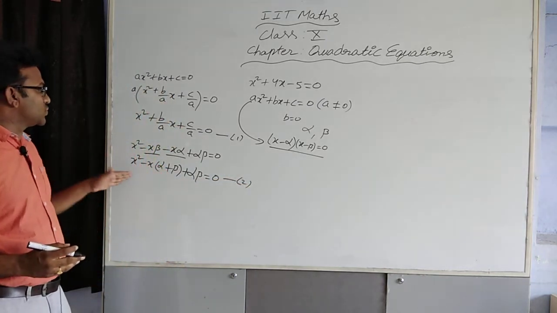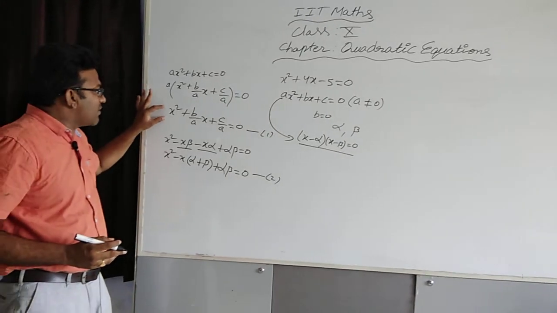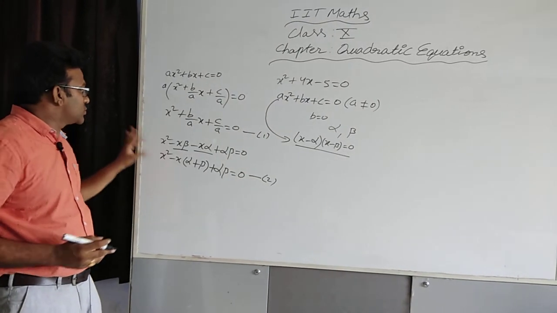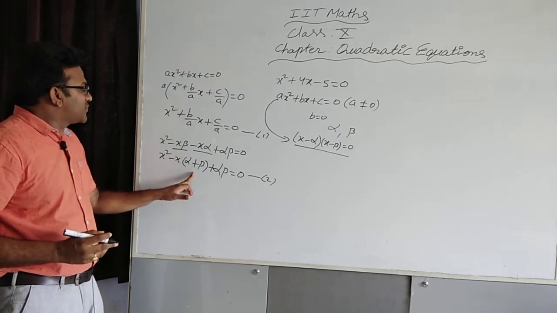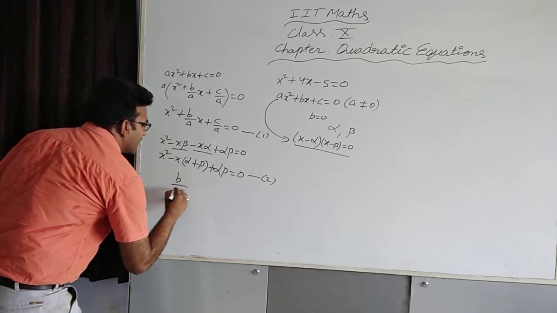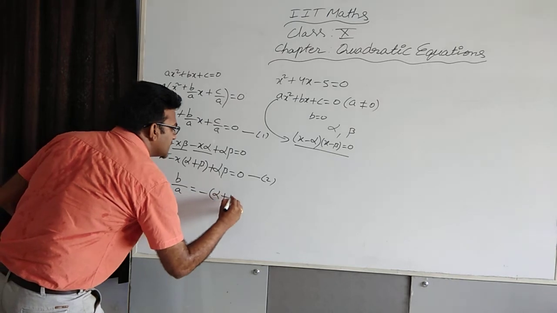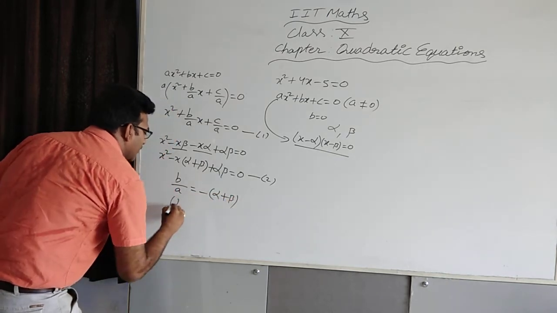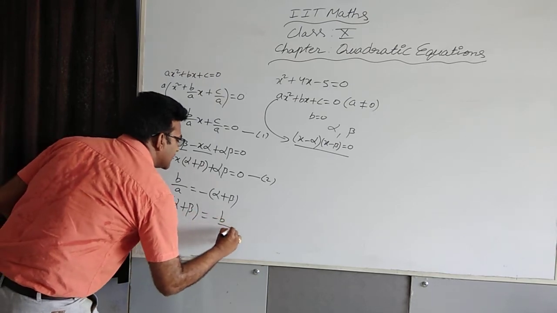Now compare these two. First compare the coefficients of x square: 1 and 1. Next compare the coefficients of x: here b by a and here minus of alpha plus beta. So finally alpha plus beta is equal to minus b by a.